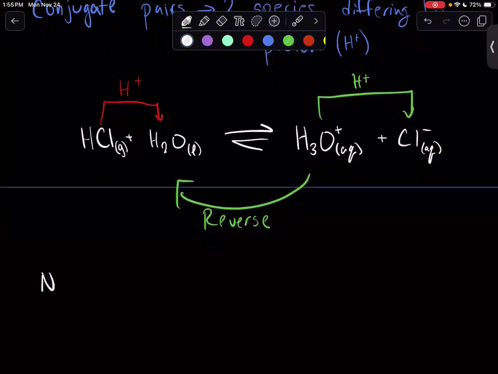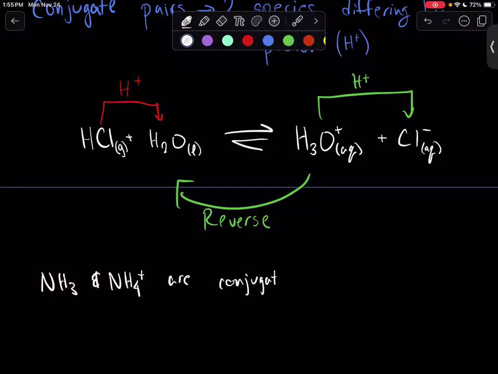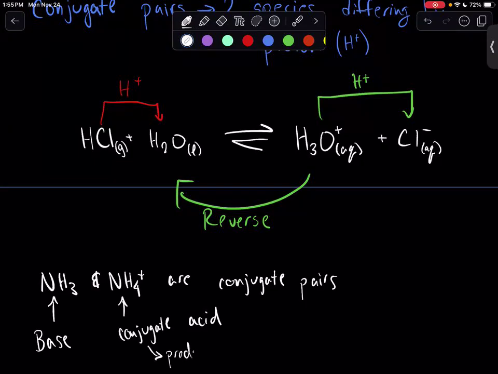In our first example, NH3 and NH4 plus are conjugate pairs. Generally, we'll refer to the first one as our base and the second one as our conjugate acid. We'll usually refer to the product as the conjugate.